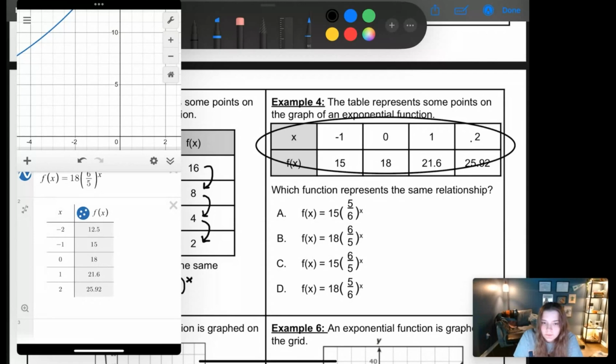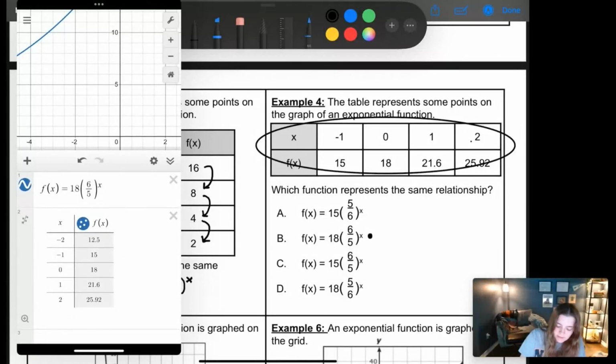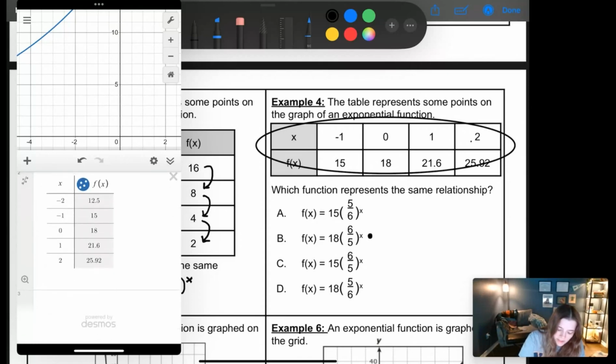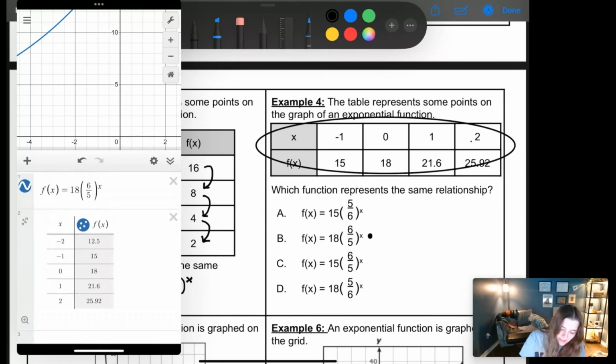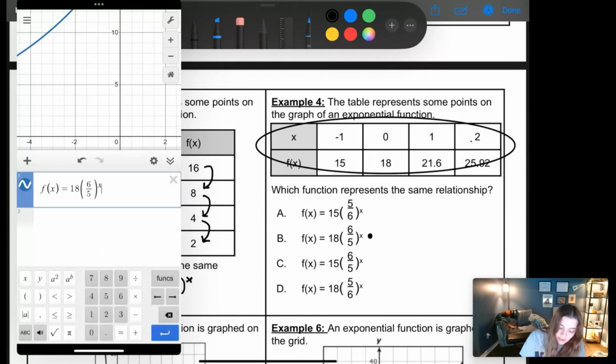But what I did was I took one of these answer choices, okay, and I put it into Desmos. I hit my settings button, this little circular button here, and I created a table from what I put in, and I checked to see if the table matched up. I could do that again. Again, that was an accident. I didn't mean to put in the correct answer there, but if I were to try out a different one, I can test it as well and make sure.